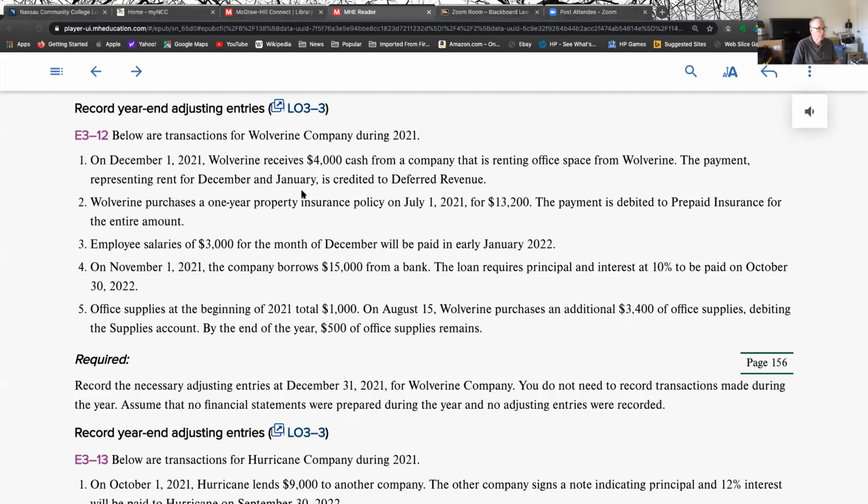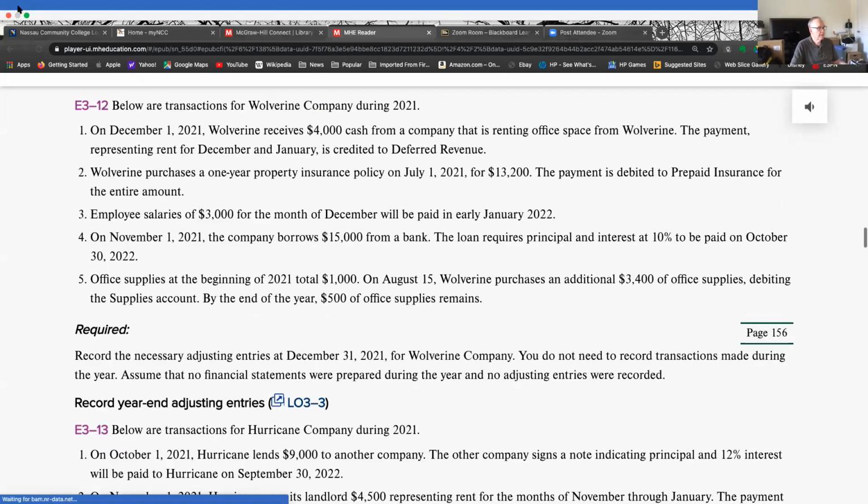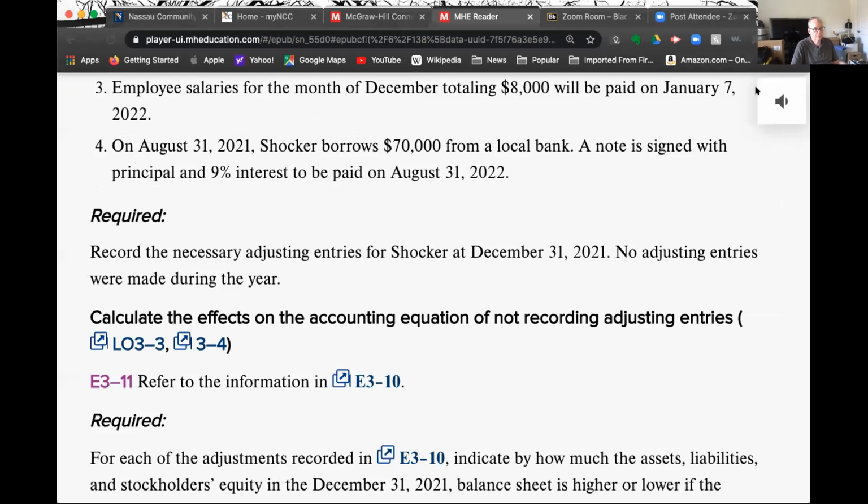So on December 1st, they debited cash and they credited deferred revenue. What entry are we going to make on December 31st? Well, that $4,000 represents 2 months, December and January. So 4,000 divided by 2 is 2,000, right? So let's see if we can make that entry.